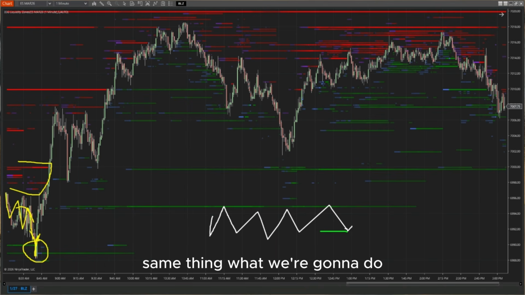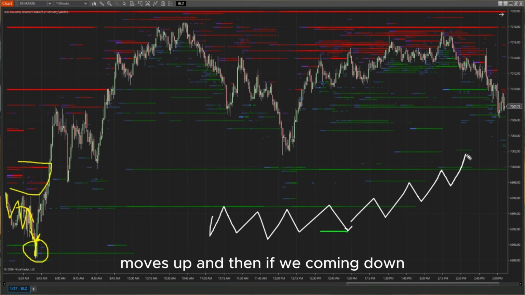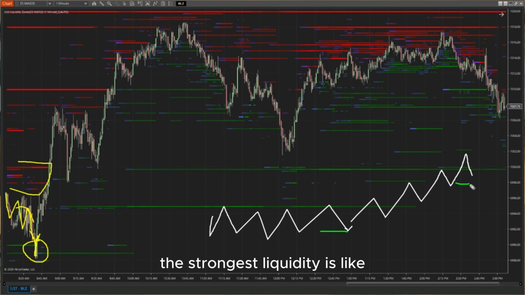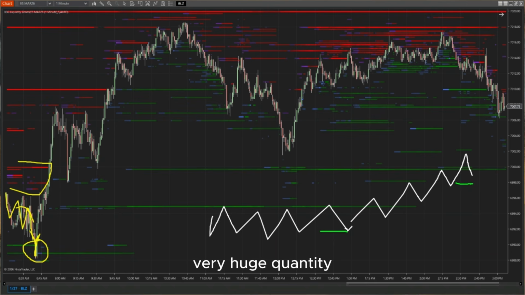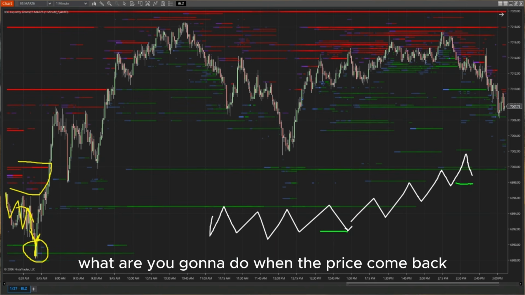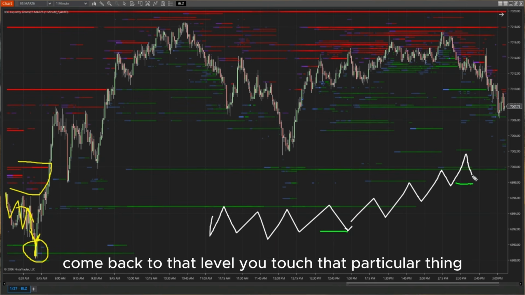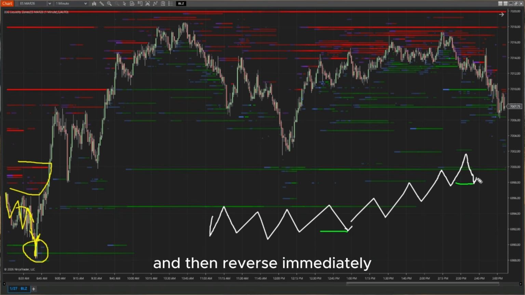Same thing: anytime the price moves up and then we are coming down, if you see the strongest liquidity already building up, a very huge quantity, what are you going to do when the price comes back to that level, touches it and then reverses immediately?